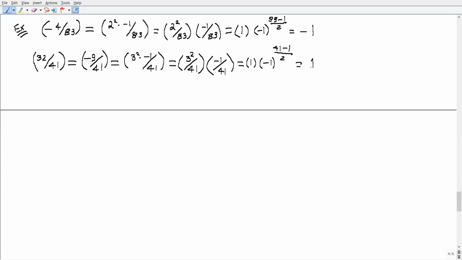So this is 1, and 32 is a quadratic residue modulo 41. Otherwise, without these rules, it is very difficult to find whether 32 or -9 is a quadratic residue or not.